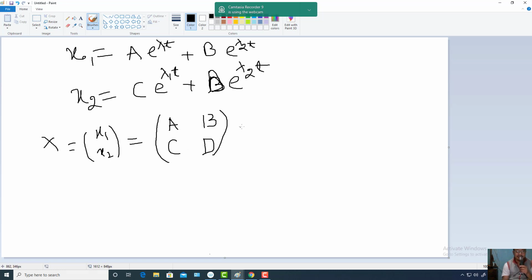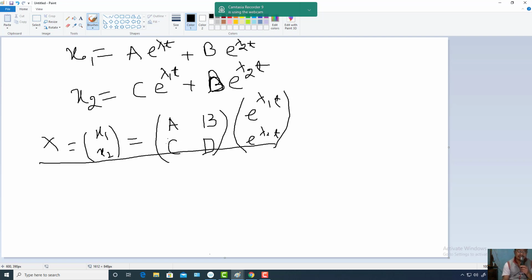Then here e to the power lambda 1 t, e to the power lambda 2 t. So this is a column matrix, right? This solution you can write in the matrix form like this.